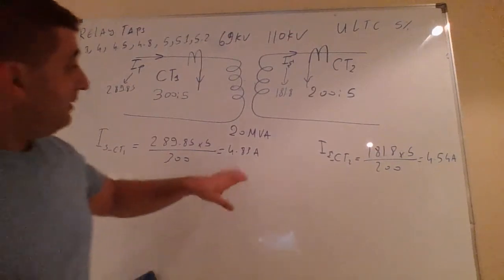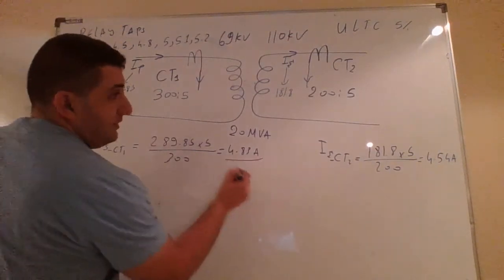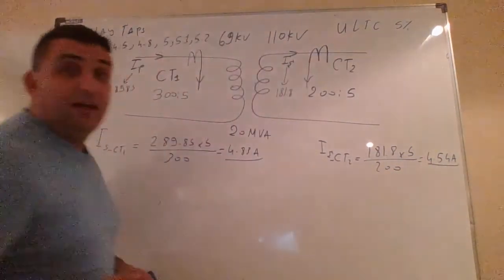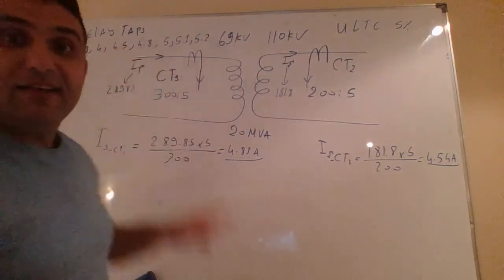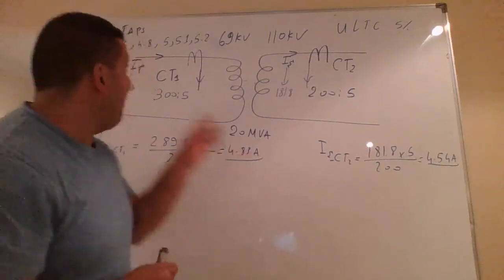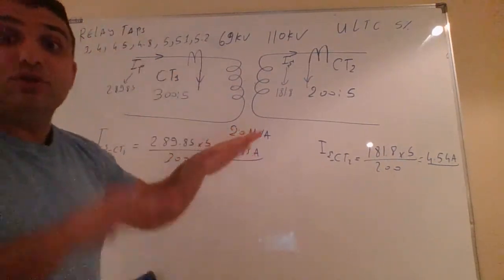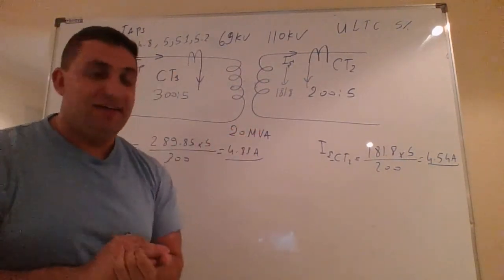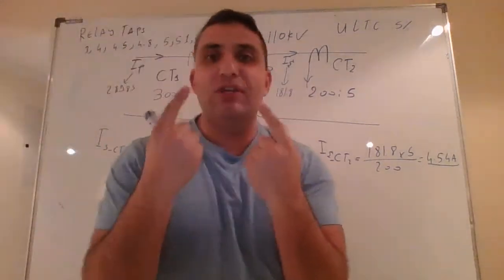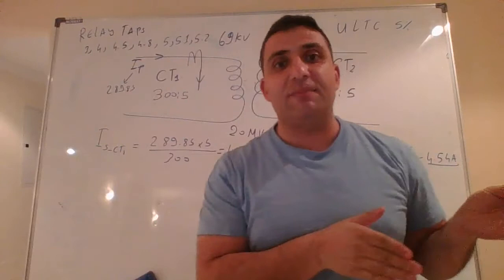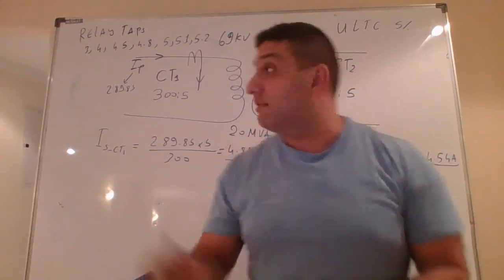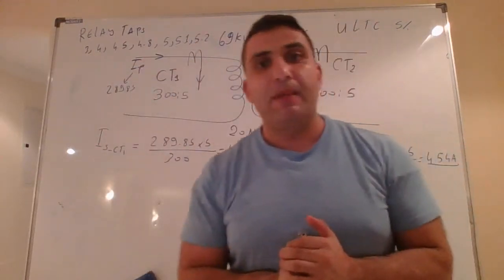Now, for these numbers, I need to find the relay taps. The closest relay tap will allow me to reduce my error. As you can see, if the relay has only one tap of 5 amps, you have to go back to the relay chapter for more details in relation to the tap.